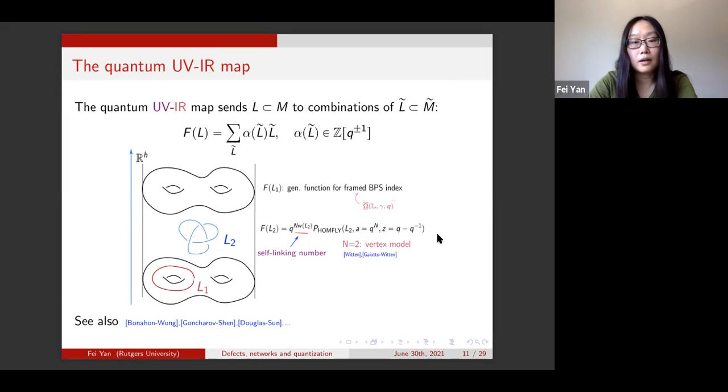But in general, for a generic link L inside this C times R, one will get a hybrid combination of these two special limits. So in this sense, this quantum UV-IR map unifies the computation of this one-parameter limit of the HOMFLY polynomial with the computation of the generating function for framed BPS indices for those line defects in class S.